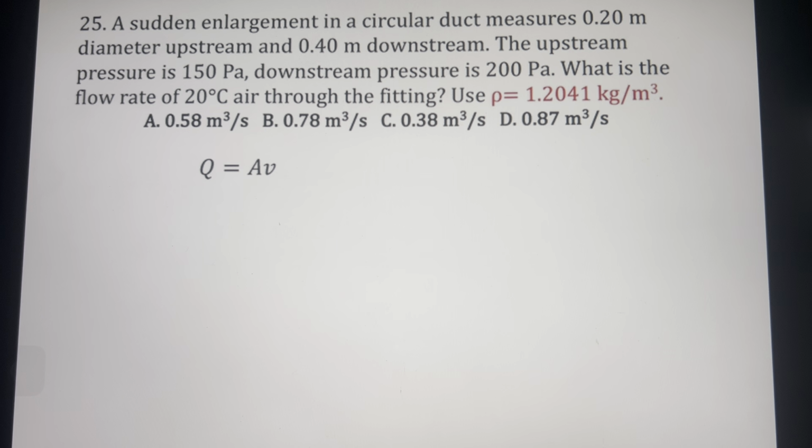Take note, point 1 denotes our upstream and point 2 is our downstream point. Our pressure loss is the difference between the pressure in the upstream and in the downstream. As we can see here, our unknown velocity is right here, so we can solve our V by using this formula.